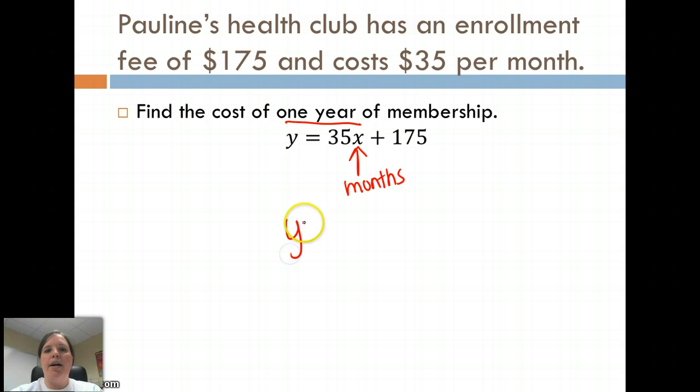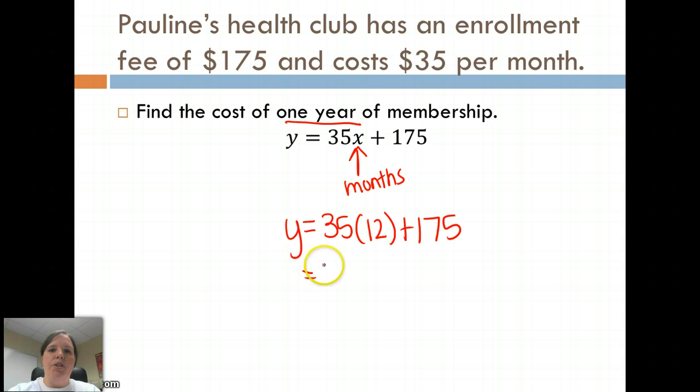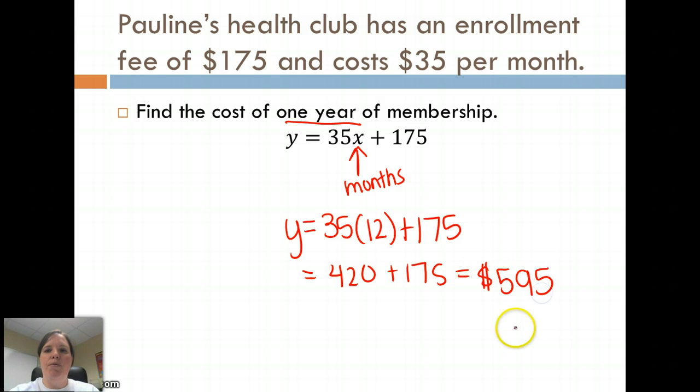If we want to figure out how much it costs, what's Y, we're going to plug in the number of months. Calculate 35 times 12, which is 420, plus 175 would give you, it costs her to join the gym and stay a member for 1 year, $595.